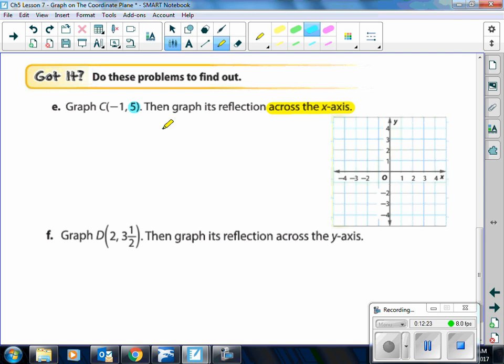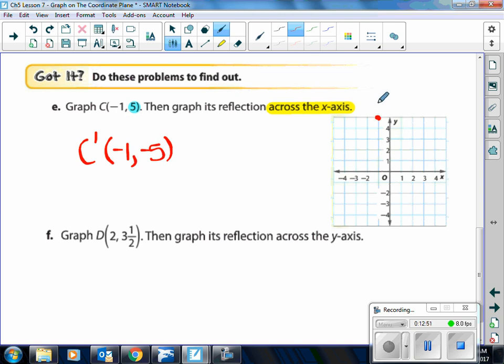The y value. Very good. So the y is going to change to the opposite. So here, C composite is going to be negative 1, comma, negative 5. Is everybody clear with that? So let's go ahead and graph it. We're going to first graph the original C, which is negative 1, comma 5.